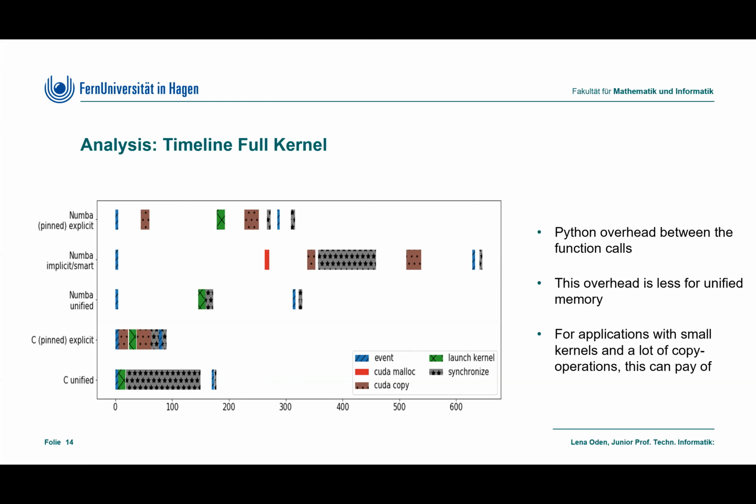So you don't have so much overhead from calling more functions. And for Python, this pays off if you have a lot of small kernels and small data transfers, because you reduce the number of function calls, you reduce the overhead in Python, and by this you reduce the runtime of the applications.